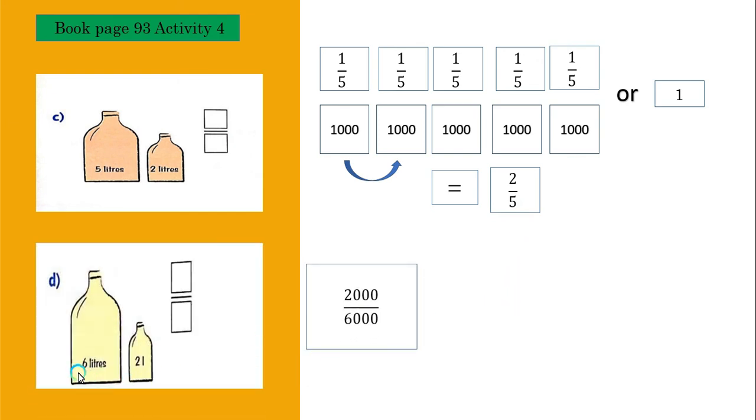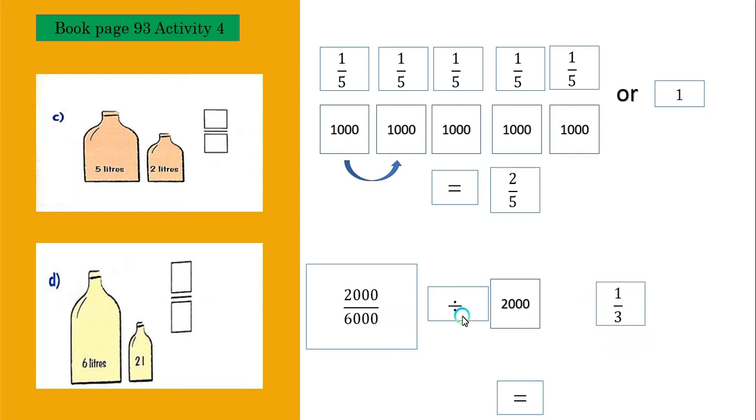Now here, 6 liters, or 6,000 milliliters, and 2 liters. Now 2,000 and 6,000. We need to find the greatest common factor. 2,000 divided by 2,000, the answer is 1.